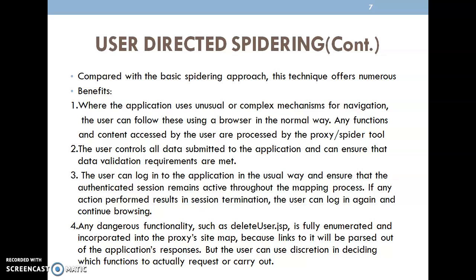Then the user can log into the application in the usual way to ensure that authentication remains active throughout the mapping process. It means that if we go through the entire log stored in the proxy, we can identify that all the processes have been executed properly, as given in the requirement. So these are the requirements we got and what was implemented, all working continuously. By using that, you can identify it.